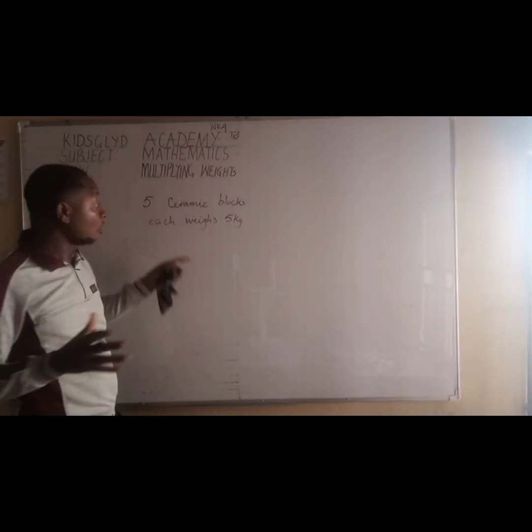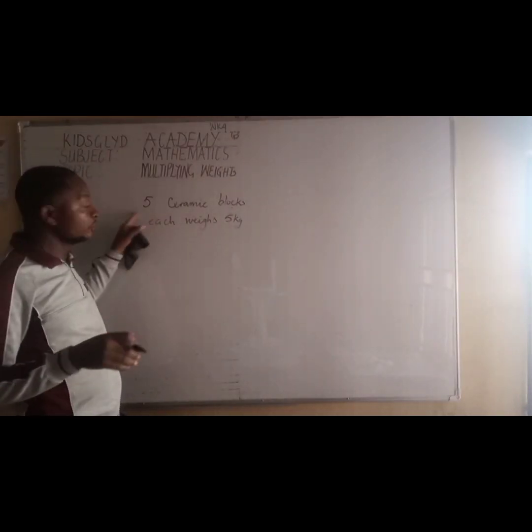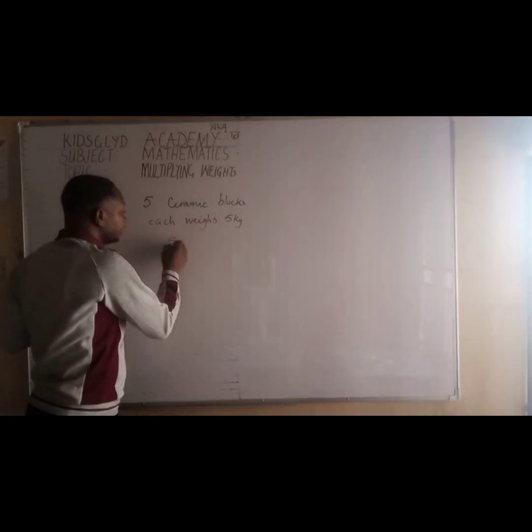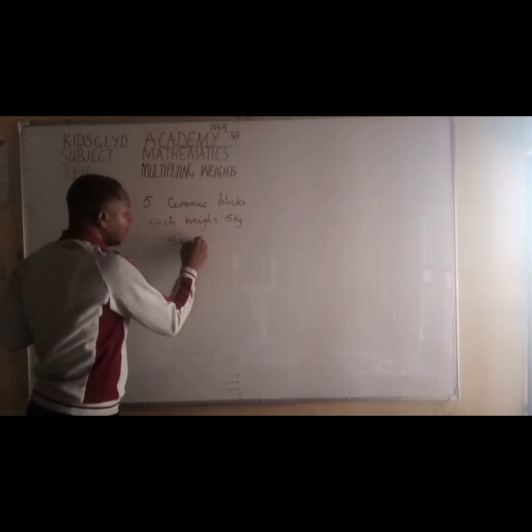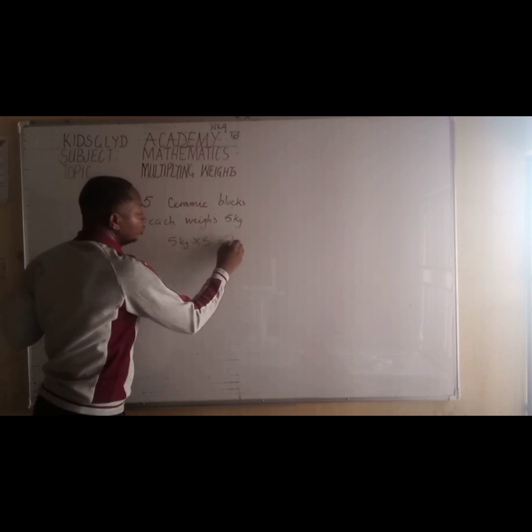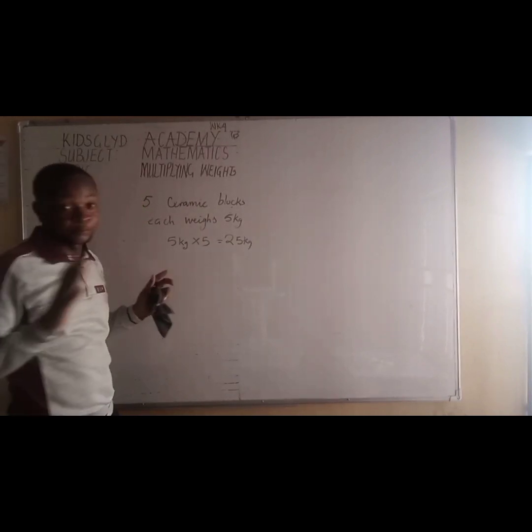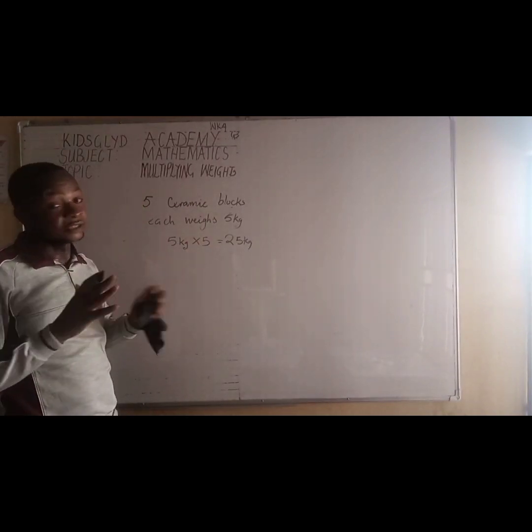How heavy are they altogether? This one is so simple. You multiply 5 kg, each, by the number of them. It will give you 25 kg. We can multiply this as simply as that.